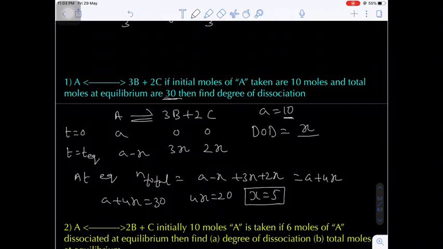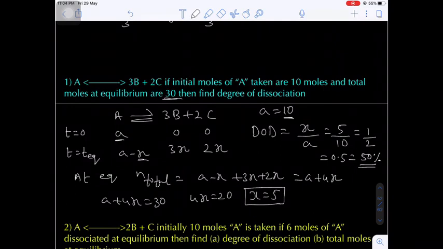DOD definition: number of moles dissociated by total moles taken. How many moles dissociated? x mole. Total moles taken? A. So x is 5, total moles here 10. 5 by 10, that is 1 by 2, that is 0.5. In terms of percentage, multiplying by 100, so 50% degree of dissociation.